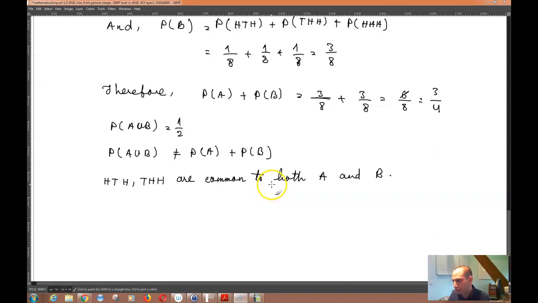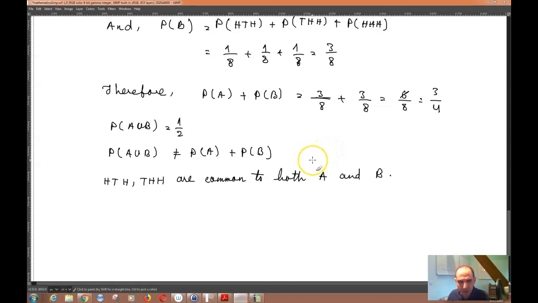Thus, to get the probability of A union B, we have to subtract the probabilities of the sample points in A intersection B from P of A plus P of B.